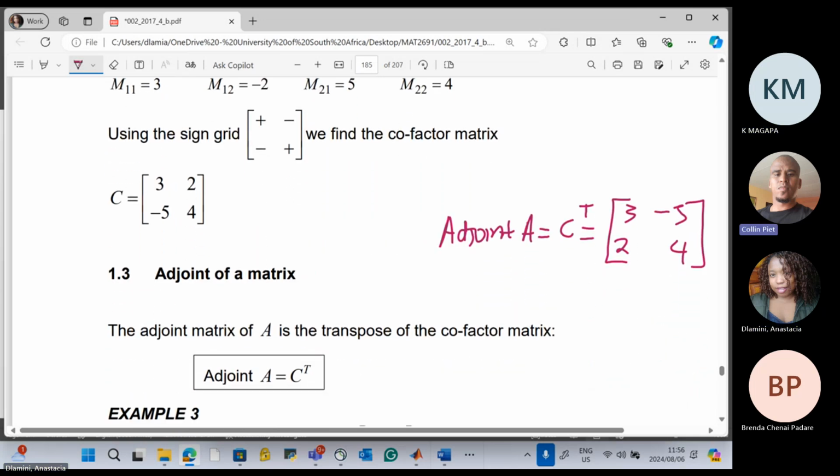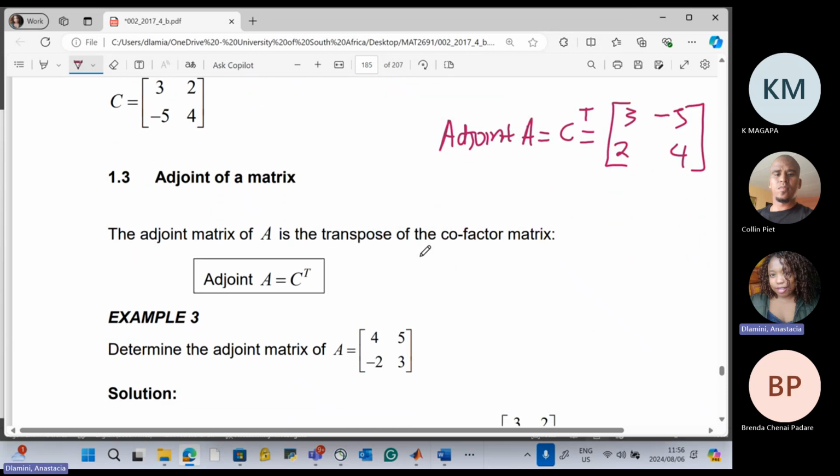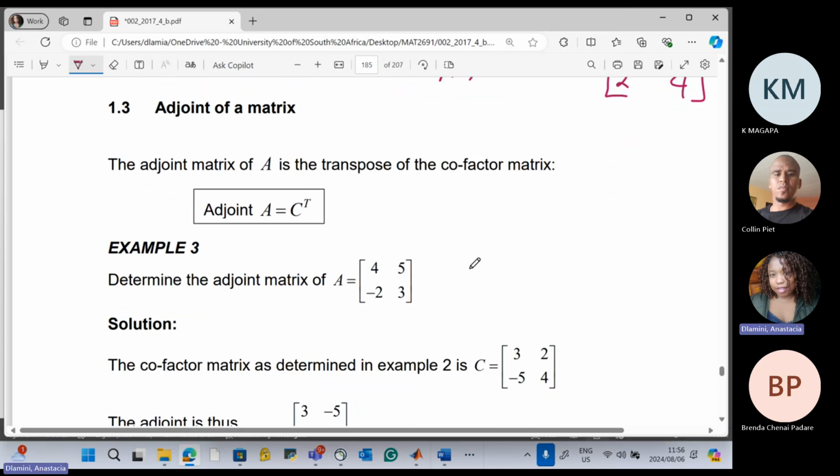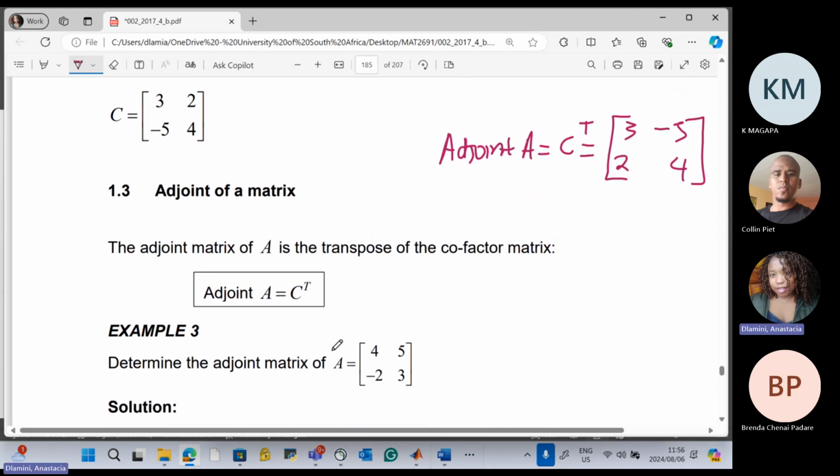So they say the adjoint of matrix A is the transpose of the cofactor matrix. Now, question 3, example 3, they want us to find the adjoint of matrix A. And lucky for us, we know it.